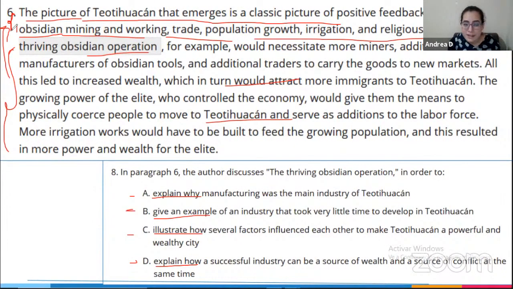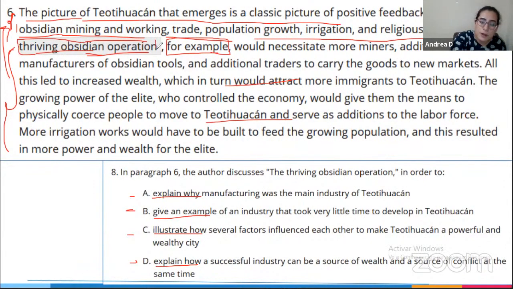In this case, it's not that hard to find out why the author is discussing this. We look at our keywords, the thriving obsidian operation. We continue reading: for example, would necessitate more miners, additional manufacturers of obsidian tools, and so on. So for example, that means that the thriving obsidian operation, first of all, is an example. So what I'm going to ask you now is, what is this thriving obsidian operation an example for?